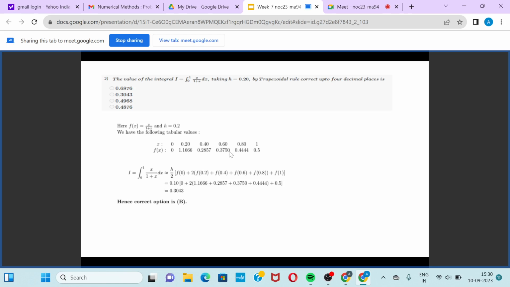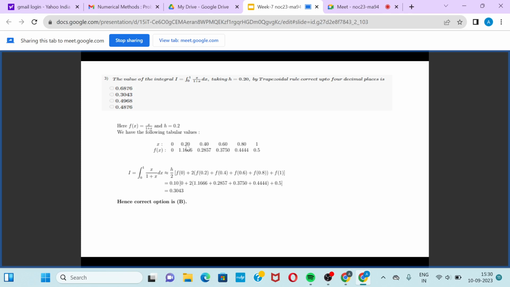So here f of x is given as x by 1 plus x, and h is 0.2. We have the following tabular values. So just form the table. Start x at 0, the f of x value will be 0. Then apply h, so you'll get the next node.